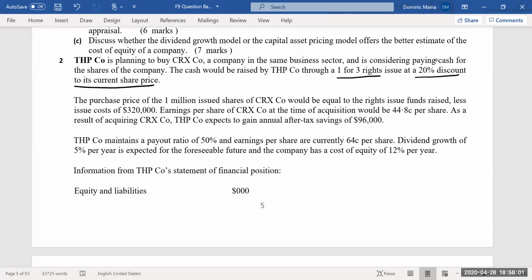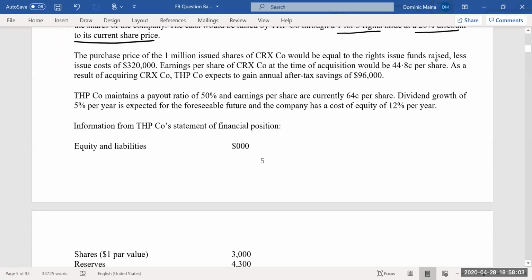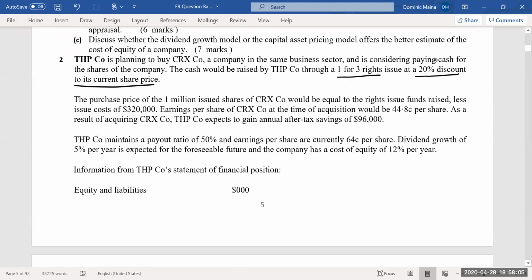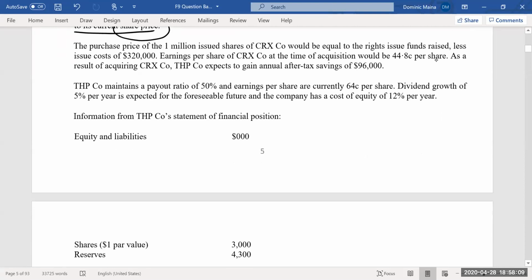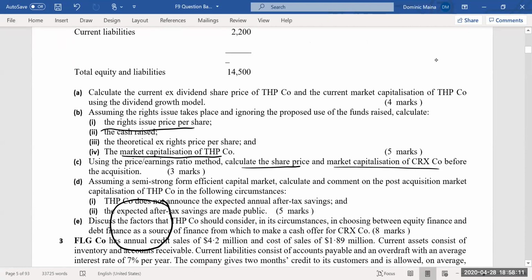Maybe this is a question we have not done, because the current share price has not been given to you. You're meant to make a calculation in part A of the question. So let me just give you what the share price should be. Don't worry too much about the calculation because you have not done that part of the question.